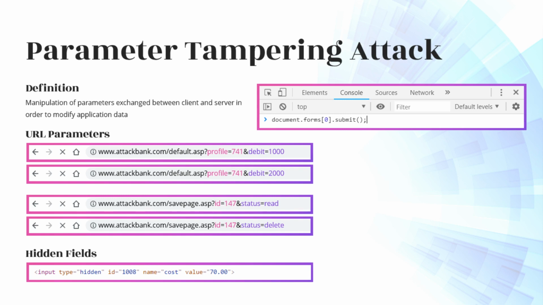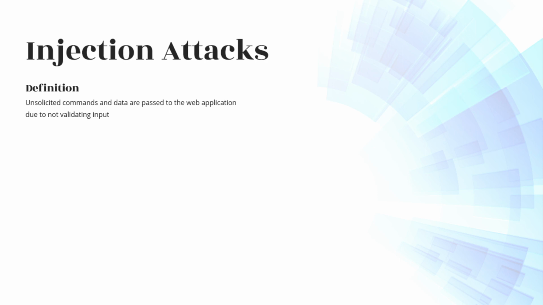Now, moving on to the second type of attack, which is injection attacks. In injection attacks, the attacker would embed or inject malicious code into the web application in order for it to perform other actions, unintended actions, or malicious actions against the user.